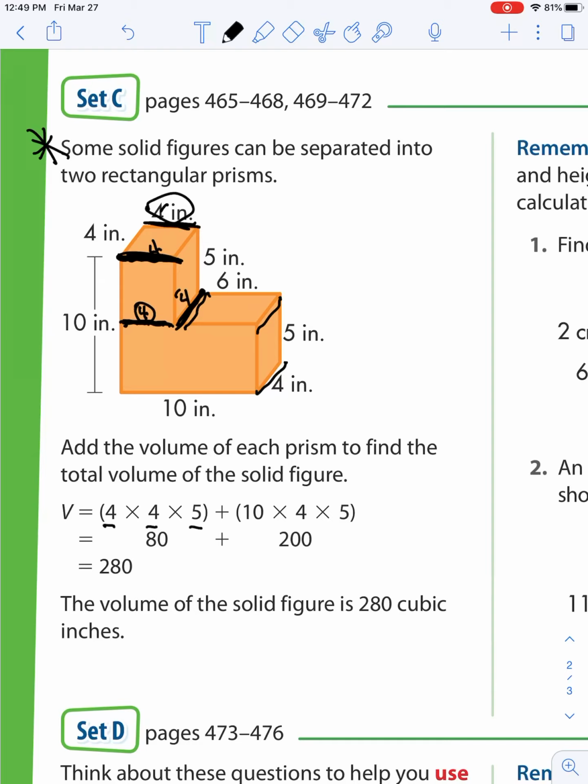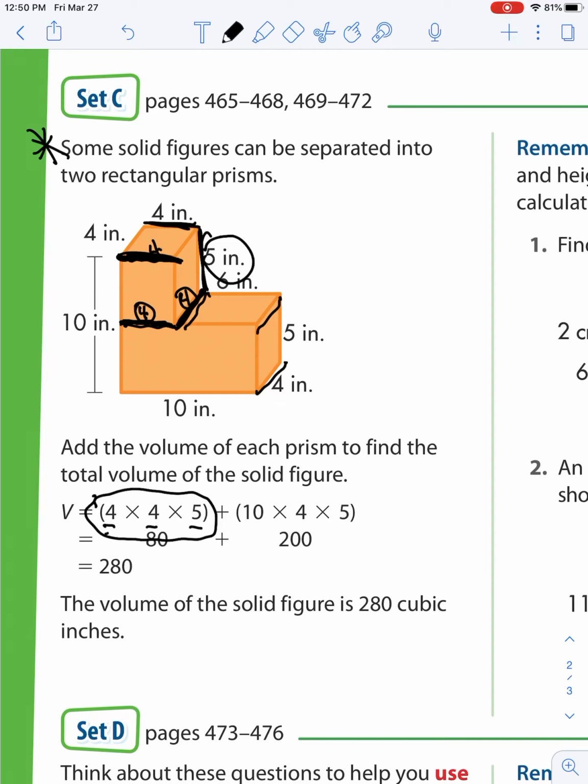So when we do our multiplication for this one, your length is 4, your width is 4, and your height, they tell you, is 5. So 4 times 4 times 5 equals 80.